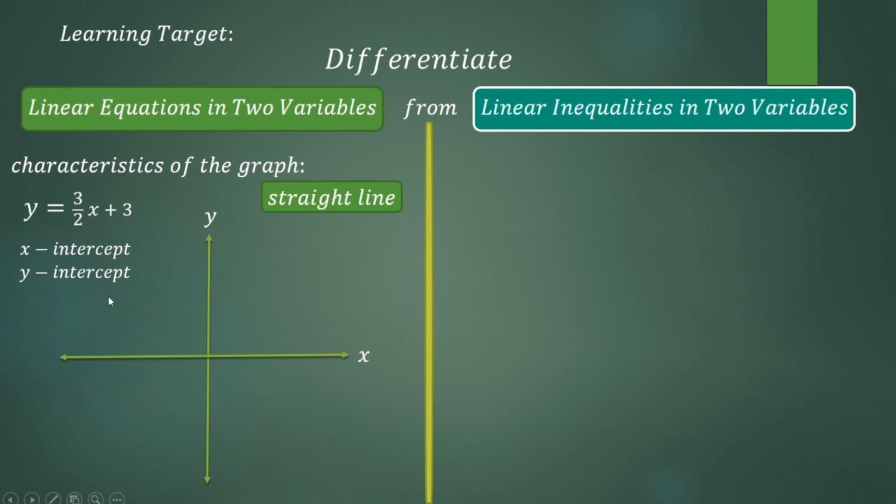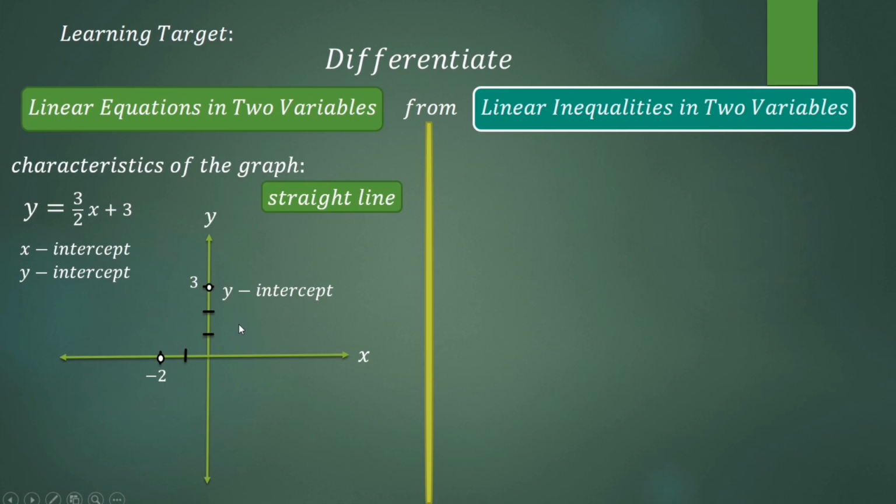We have here the x-intercept, -2. Yan ang point where the line crosses the x-axis. And the y-intercept is 3, also a point dito daan yung ating linya that crosses the y-axis.